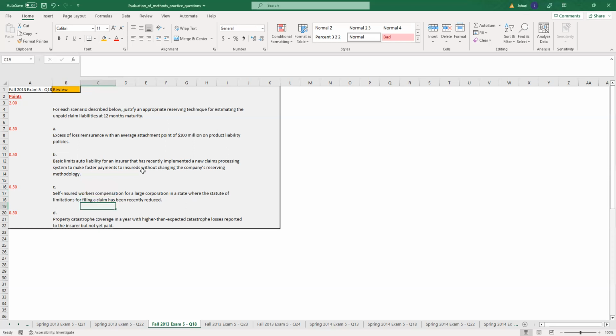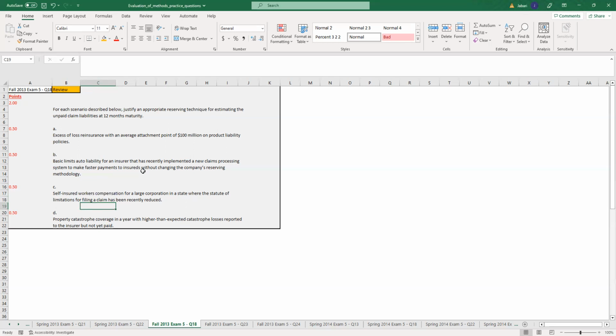Okay, so for C, self-insured workers' compensation for a large corporation in a state where the state statute of limitations for filing a claim has recently been reduced. If a statute of limitations has been reduced, that means all else being equal, claims are still happening, right? People are going to need to start filing claims faster.